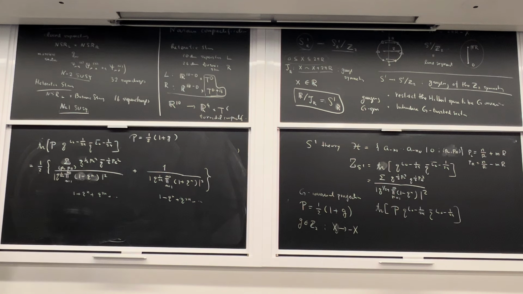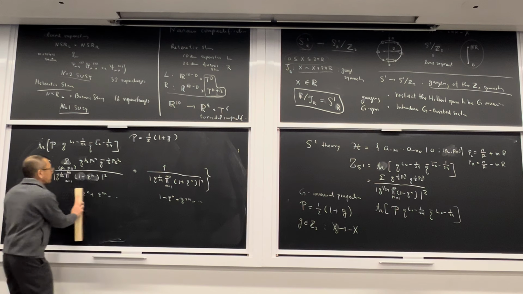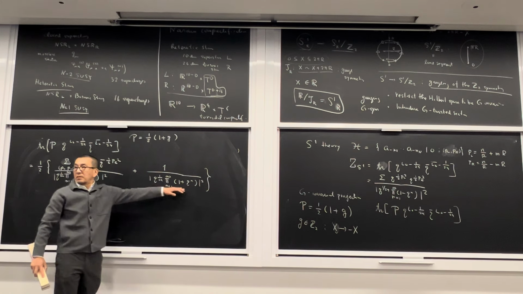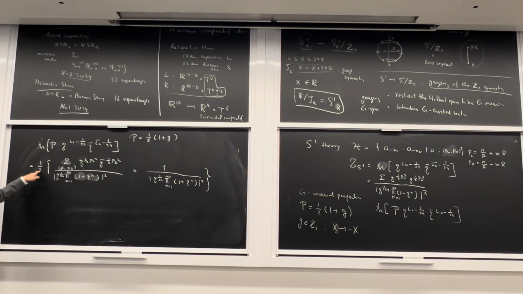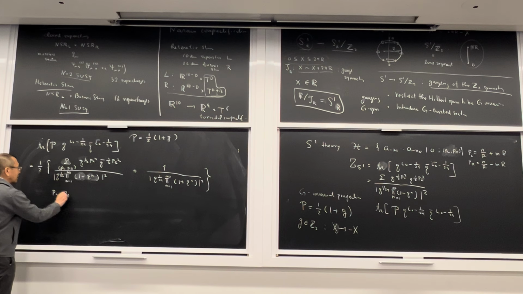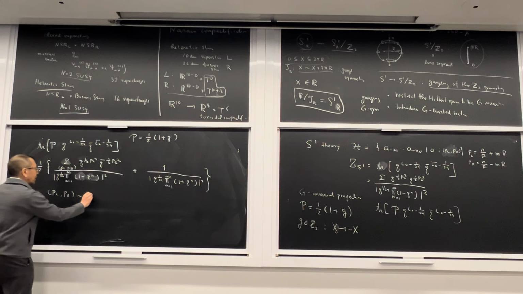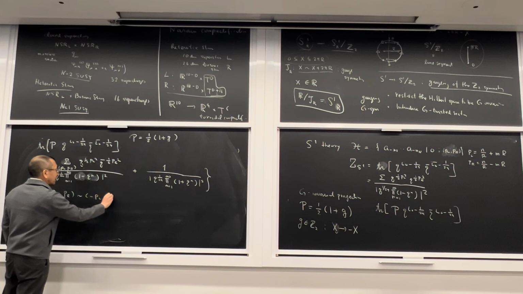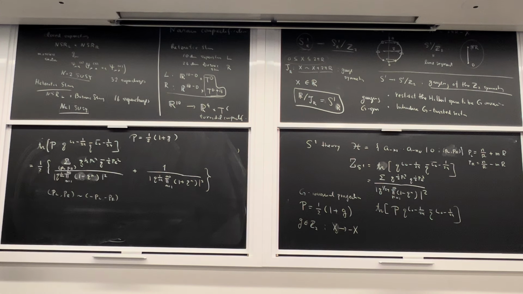If you go to the non-zero momentum sector, then the G term will not contribute, and the first term contributes, but with factor 1/2. What does it mean that each momentum state is counted by 1/2? That does not seem to make sense because each state has to be counted by a positive integer value. What happens is that if you have P left and P right state, these are identified by this orbifold action with minus P left, minus P right, because it flips the coordinate, and that means it flips the momentum and winding number.